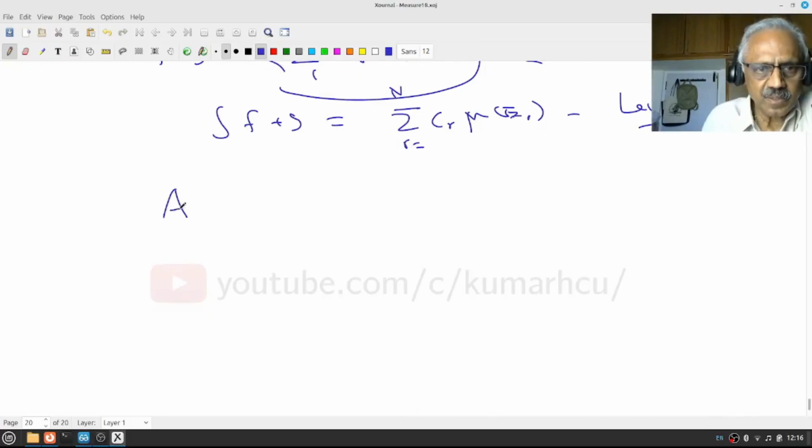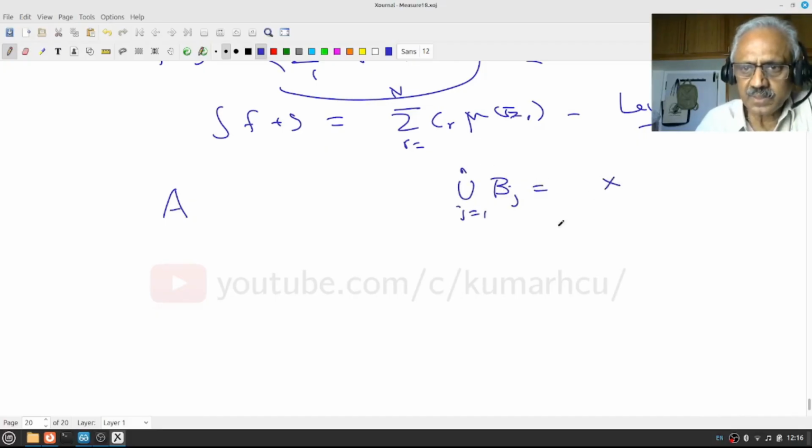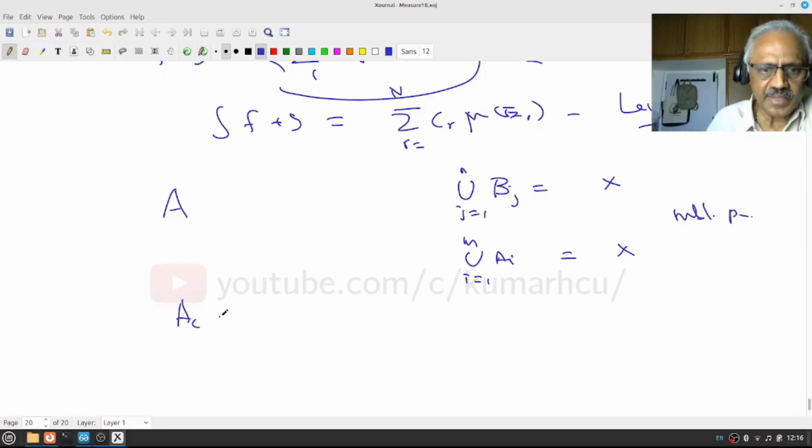That is because notice that, by our assumption, B_j, j running from 1 to n, is a partition of x, and similarly A_i, i running from 1 to m, is a measurable partition of x. Therefore my A_i is going to be the union of A_i intersection B_j, j running from 1 to n.